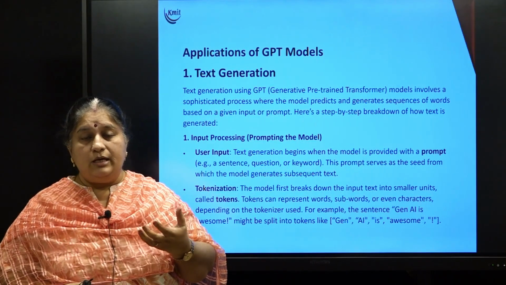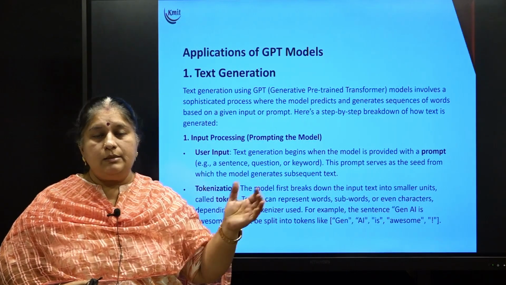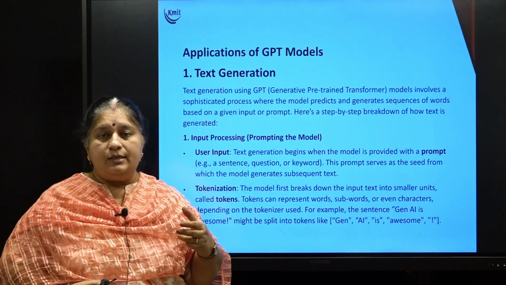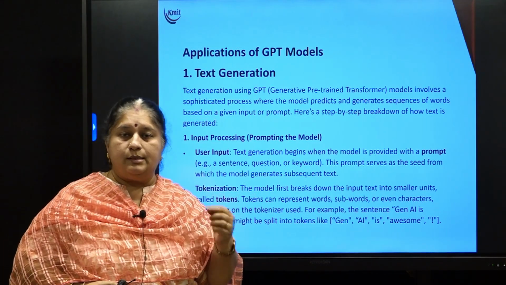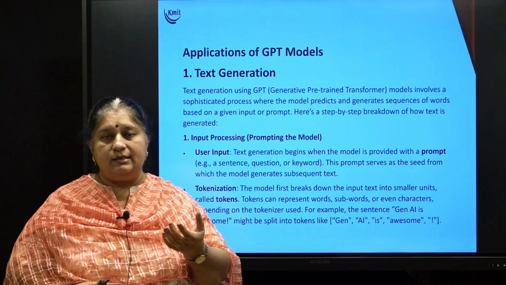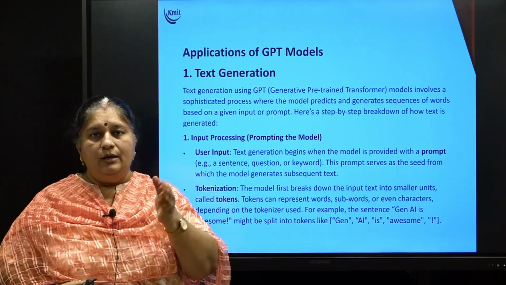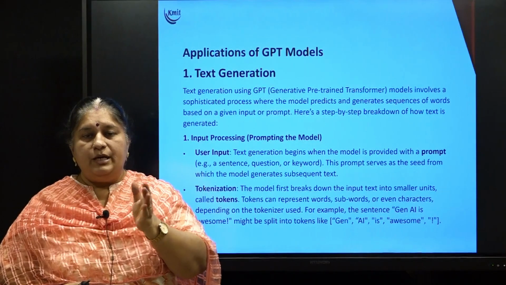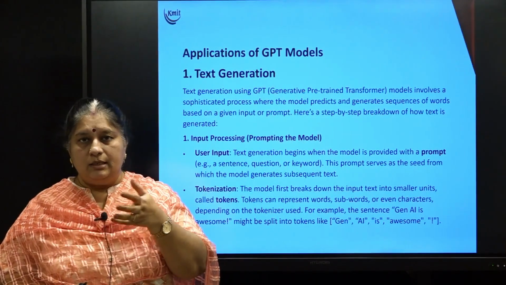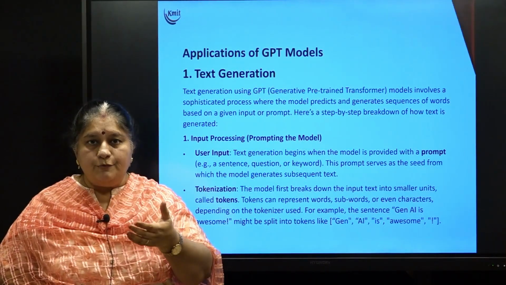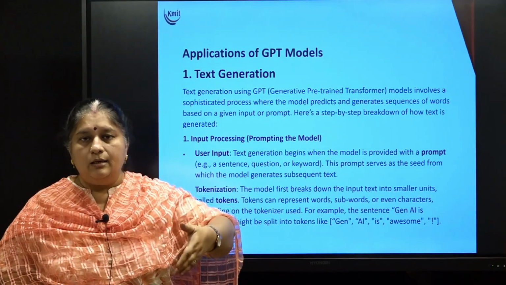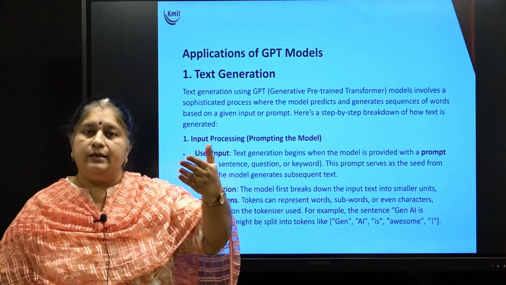It has to generate what could be the next word in a specific sentence. For this, what is the requirement? We are supposed to give a prompt. A prompt is nothing but the initial input, like, can you give me information on Mahatma Gandhi? That is the prompt for it to generate the text.